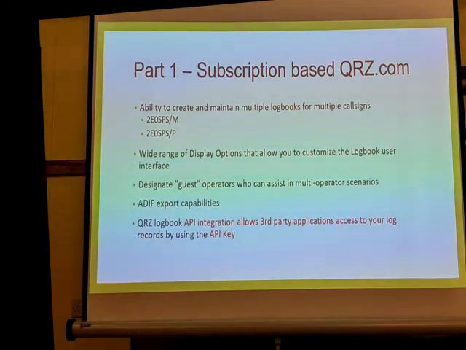The other benefit, you've got this API integration, which allows any third party to actually communicate with qrz.com. It allocates you an API key, which you then input into your other logging program. So once the logging program sees that API key, and you log the QSO and enter it, they'll automatically populate it into qrz.com for you. And we'll cover that in log4om.